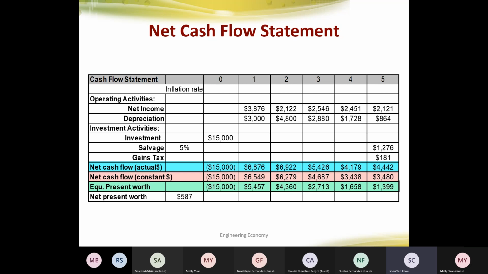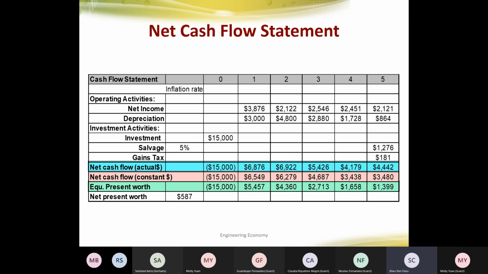So this net cash flow, we know how we can change it from actual dollar to constant dollar, right? So inflation was 8%. I'm not sure here they're using 8%, but anyway, inflation could be 5% on this page. Okay, so we'll take 5% out.